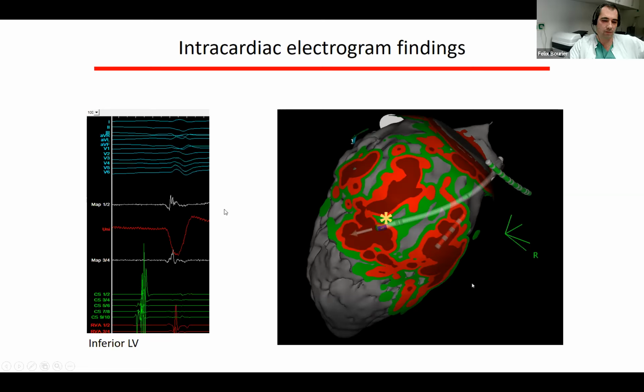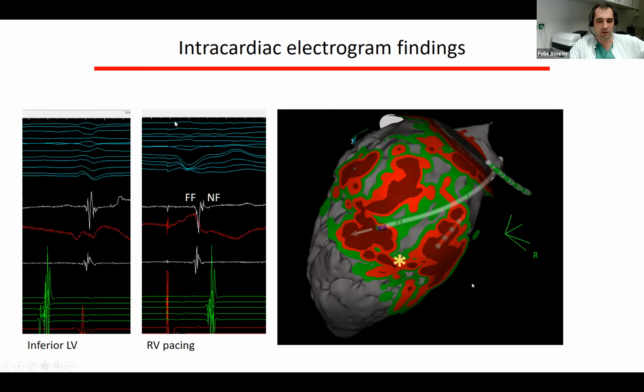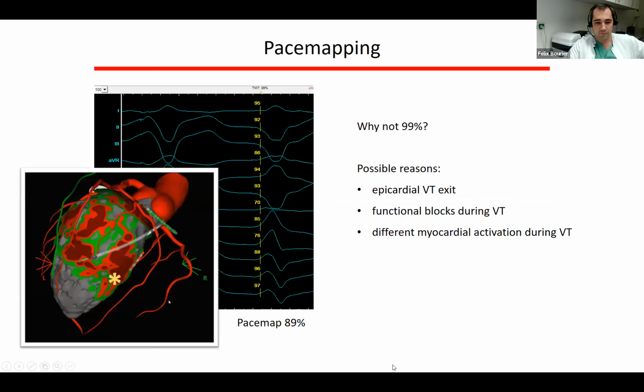We had this electrogram, but in all other areas, at least endocardially, healthy voltage. Also, if you do some stimulation maneuvers like pacing from the RV, again, this was one of the only, at least a bit interesting, electrograms. You see this on the left side, acquired by the ablation catheter, and during RV pacing, you see the separation a bit, but not too much actually.